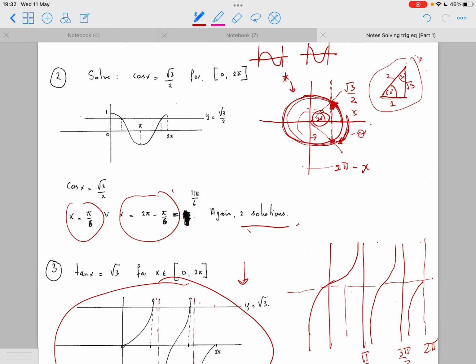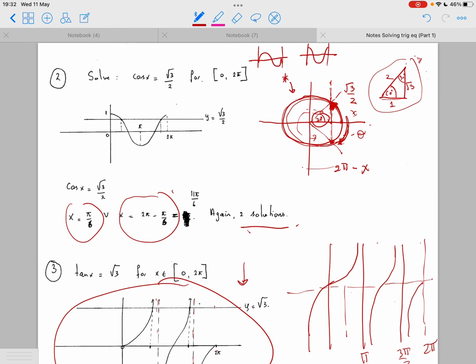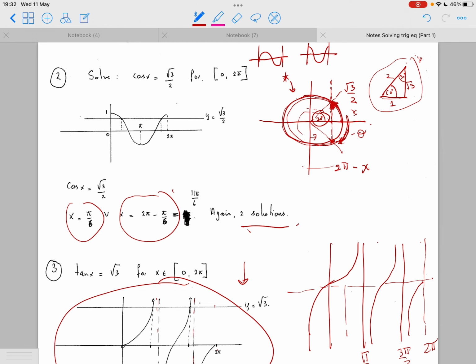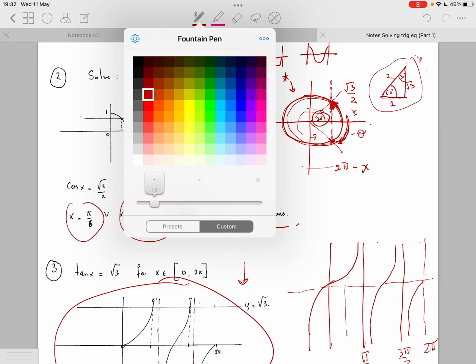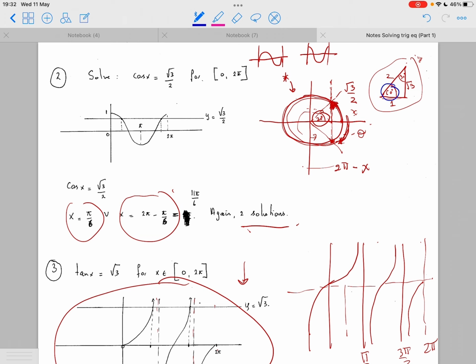That also you know that at pi over 3, or this angle, tan is equal to square root 3, because if you remember the unit circle, basically sine over cos at pi over 3 is equal to square root 3.